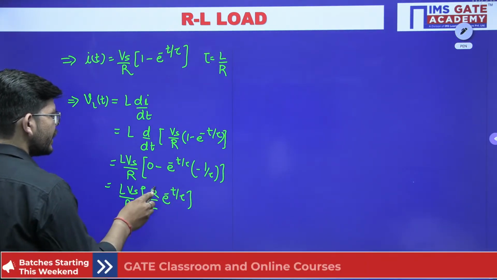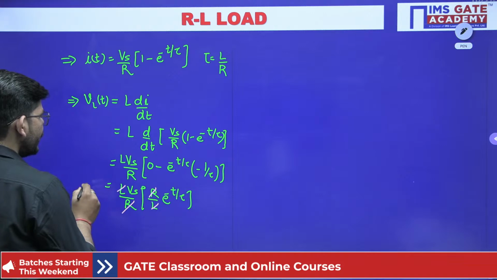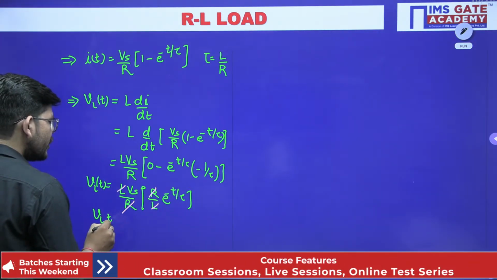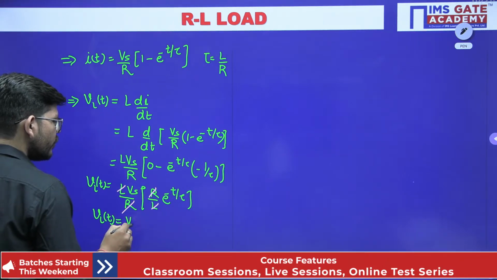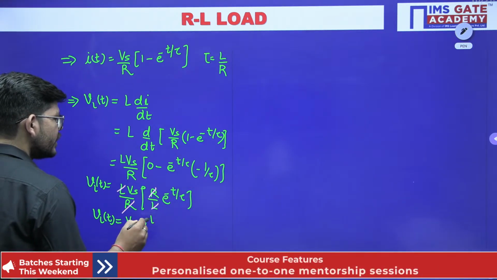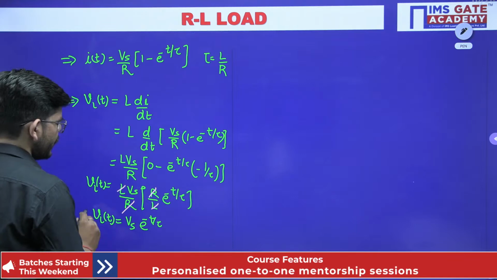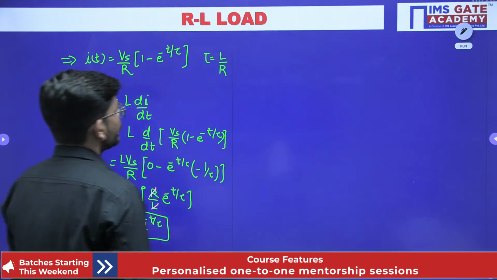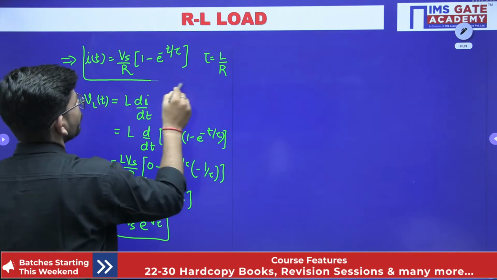Now this gets cancelled, and finally the expression for inductor voltage is Vs e to the power minus t over tau, isn't it?